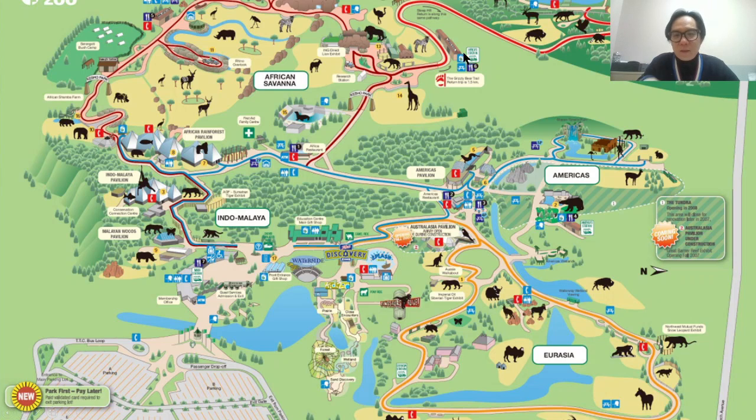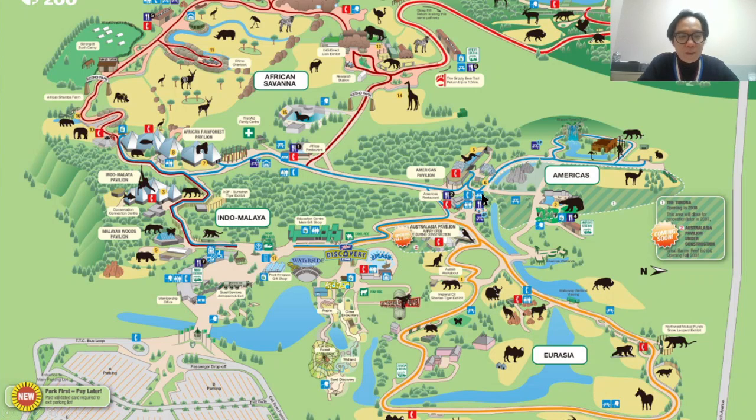Take a look here. This one says the African savanna. So all of the animals here live in, that's right, they live in Africa. And then over here it says the Canadian domain. So these are all animals from Canada. You see, this is a zoo from Canada, where Mr. James is from.